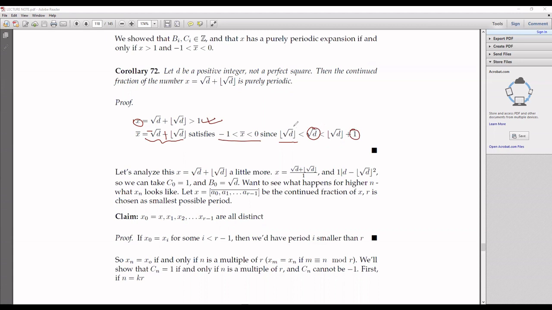So √d is in between these two, which would just mean if you subtract floor of √d from each part of the inequality, you will see that our x bar is in between -1 and 0. So since x fulfills the condition in our last theorem, it must be purely periodic.